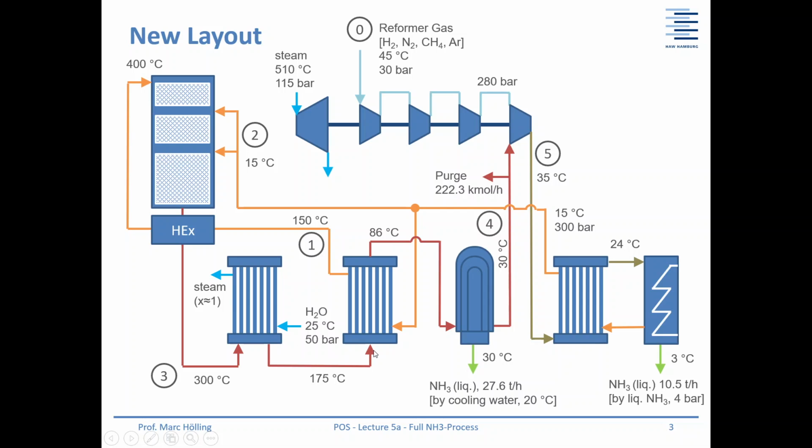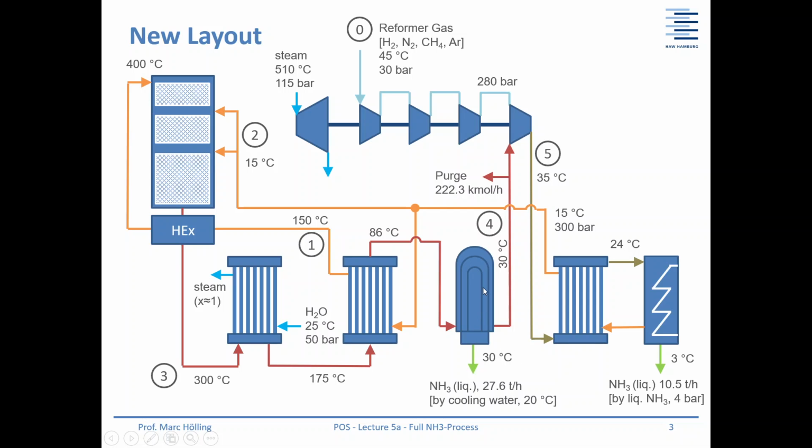Then this is sent to the first heat exchanger. It's cooled down. In the literature source I found a temperature of 86 degrees Celsius, and then it's sent to the condenser. Here you do the condensing with cooling water, let's say 20 degrees Celsius as an inlet temperature, and then it's 30 at the outlet, 30 for the ammonia.